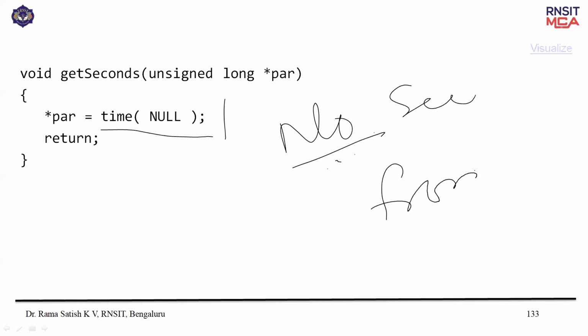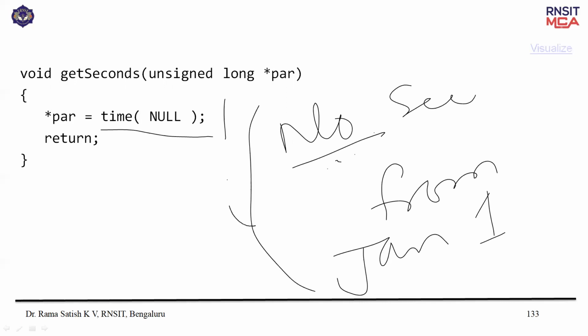from January 1st. So how many seconds have elapsed from January 1st? All those seconds will go into star par, stored using the address of sec.